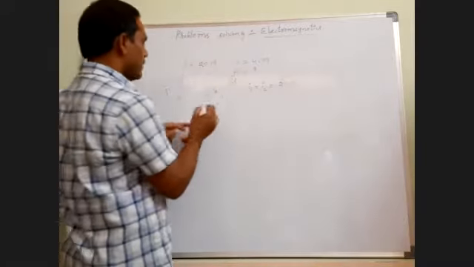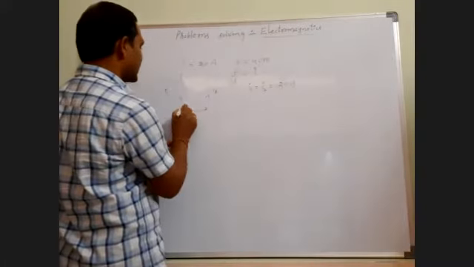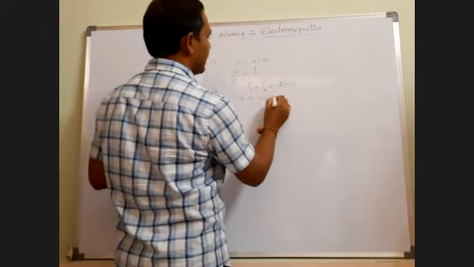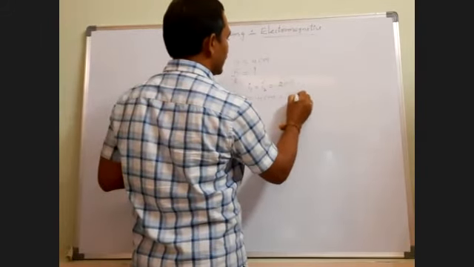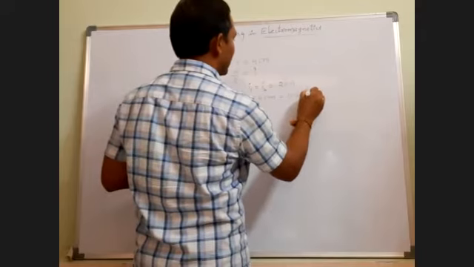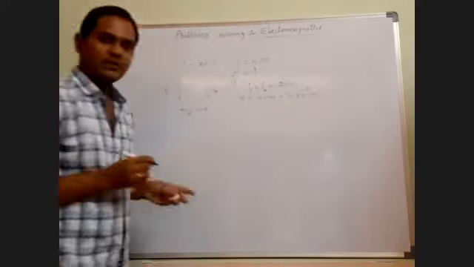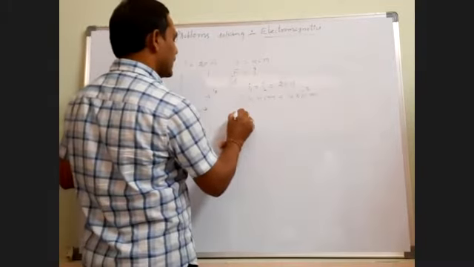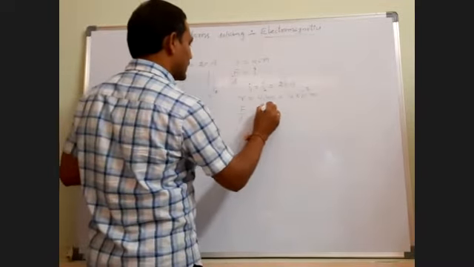What is the separation between these two conductors? It is given as 4 centimeter. Changing into meter, 4 into 10 power minus 2 meter. Now we have to calculate the force per unit length on any one of the conductors. F by L, how much?